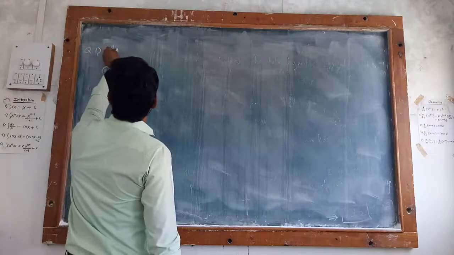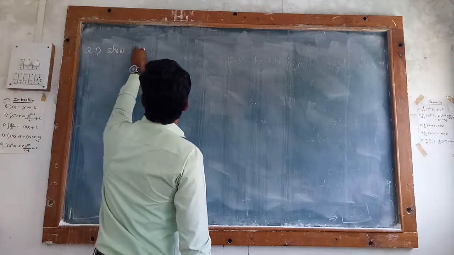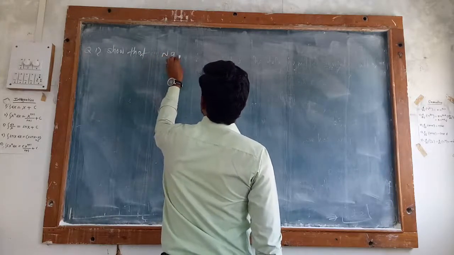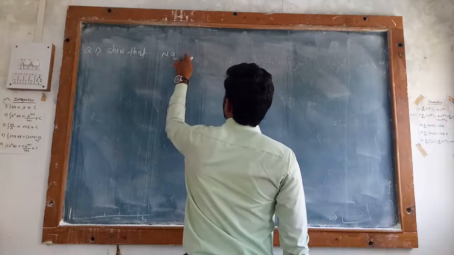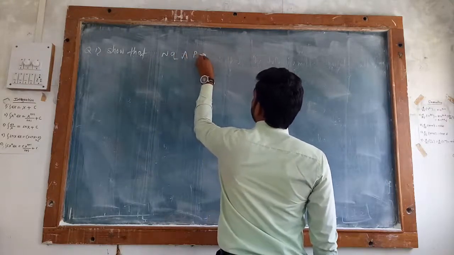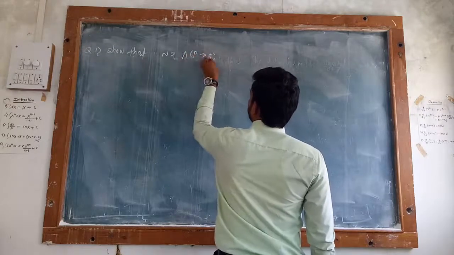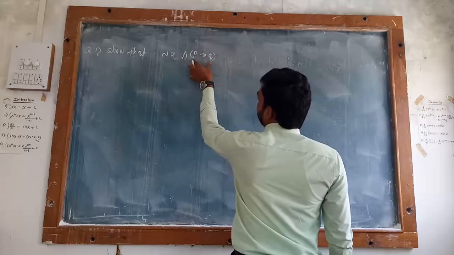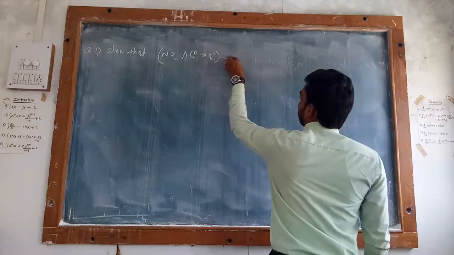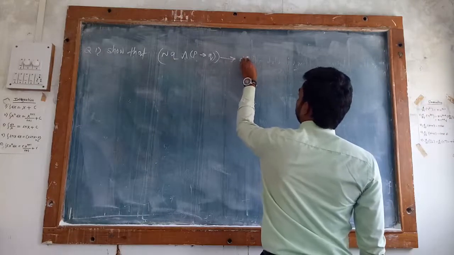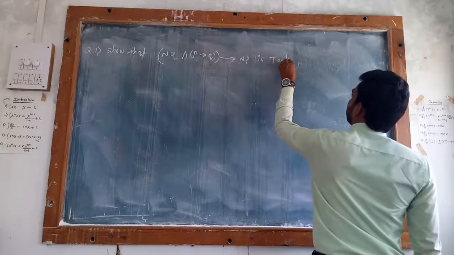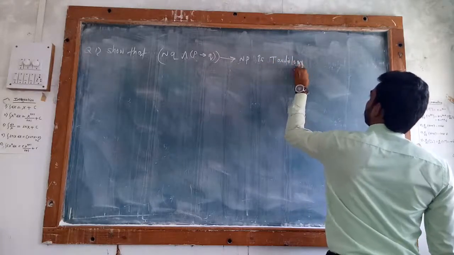Show that ((negation Q) and (P implies Q)) implies negation P is a tautology.